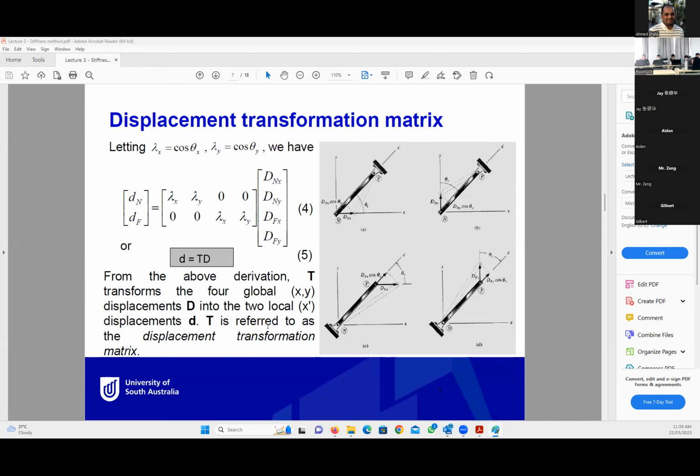T is referred to as the displacement transformation matrix for a truss. How can we write it down? T is equal to lambda x, lambda y, 0, 0, and the second row is 0, 0, lambda x, lambda y.